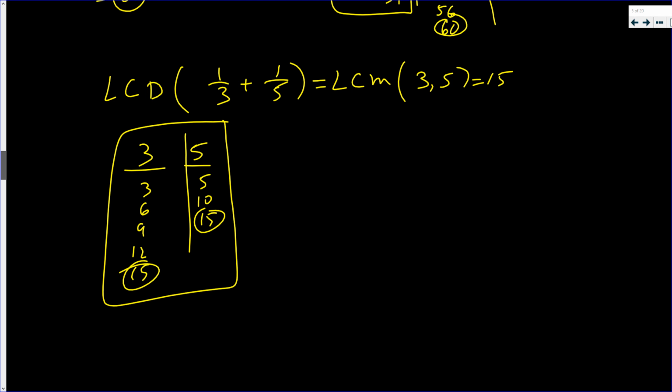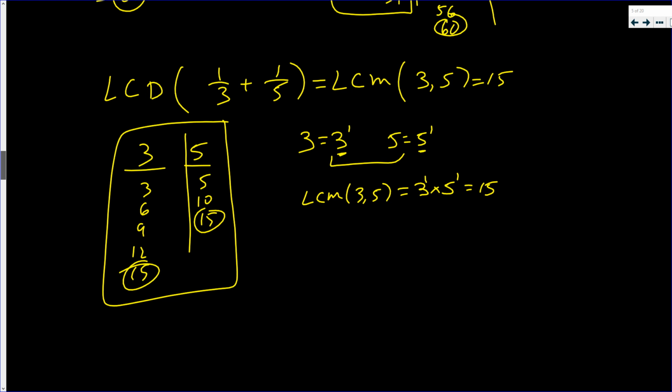It wasn't bad. The other way is saying that 3 is 3 to the 1. And 5 is prime, 5 to the 1. So the LCM of 3 and 5 will be, well, the different bases are 3 and 5. And the largest powers that I see are 1. So it's 3 times 5, or 15.